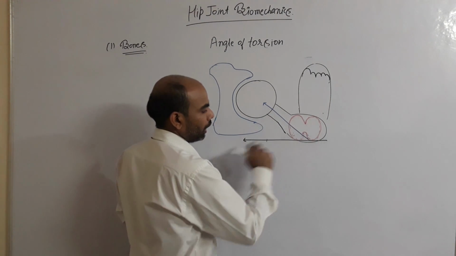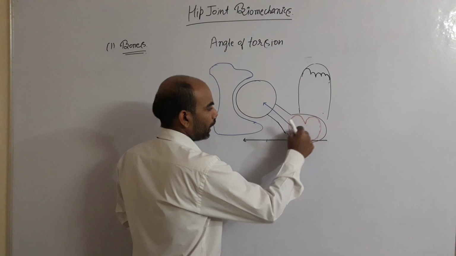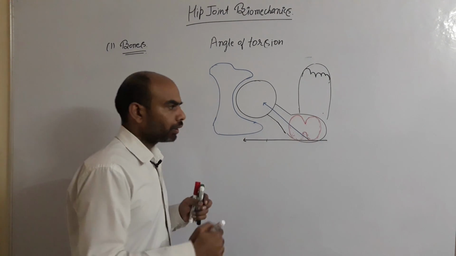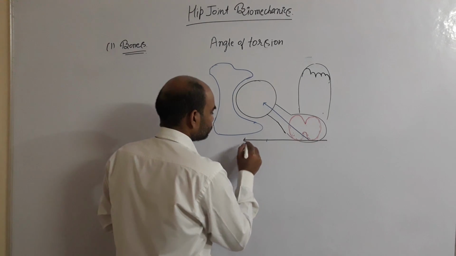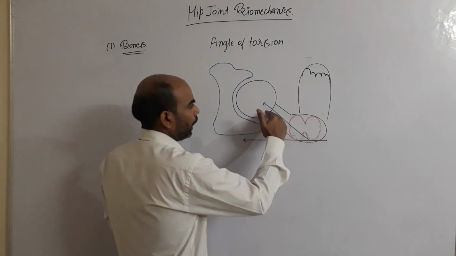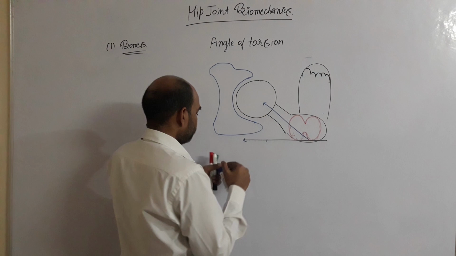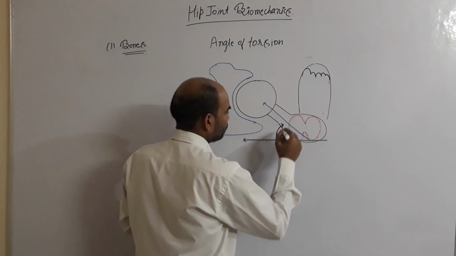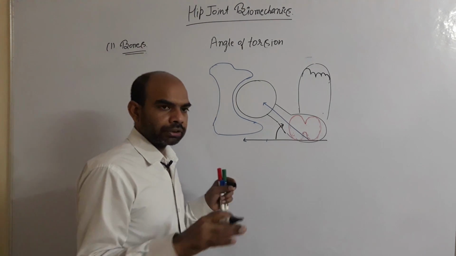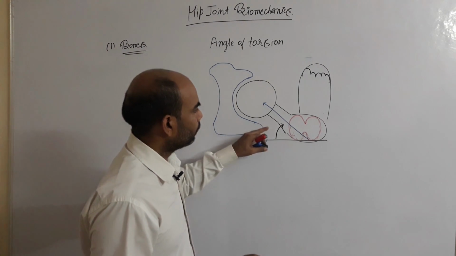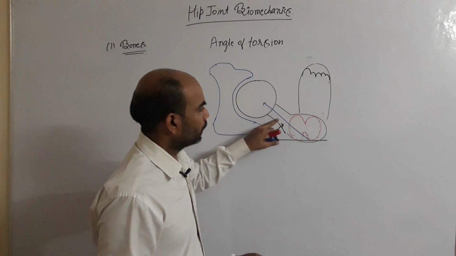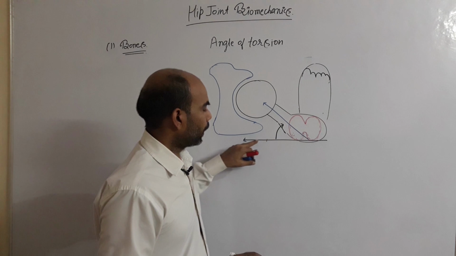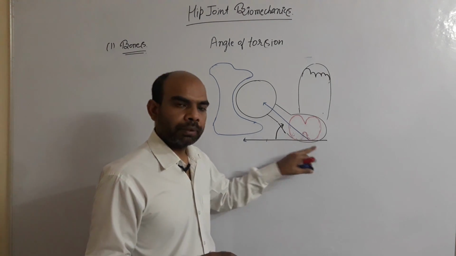The alignment of the condyles is in the frontal plane, and the neck and head are slightly anterior to the frontal plane. So this angle is in the transverse plane, and in the normal case the head and neck are slightly anterior to the plane of the condyles.